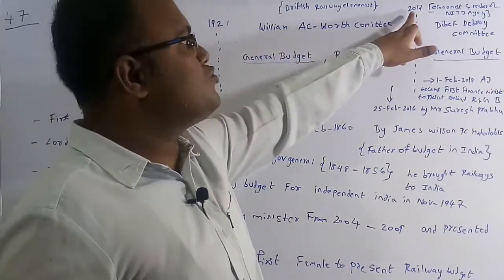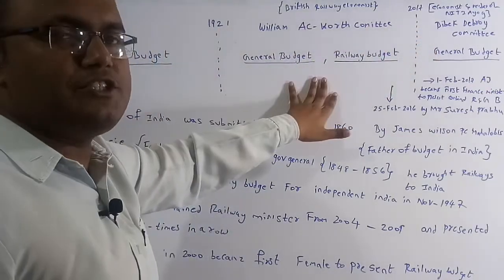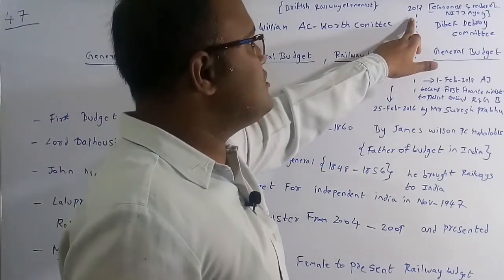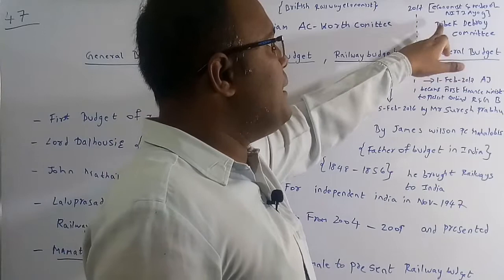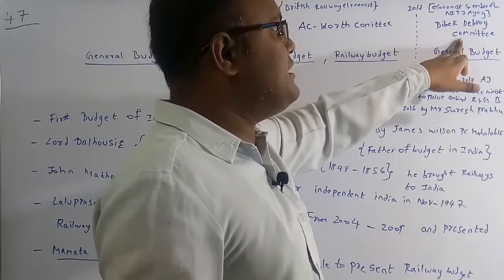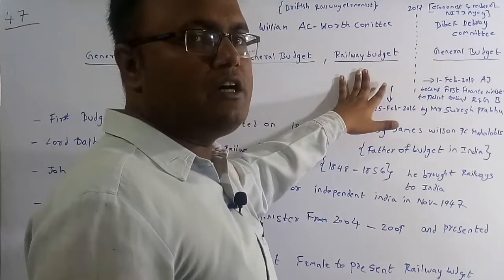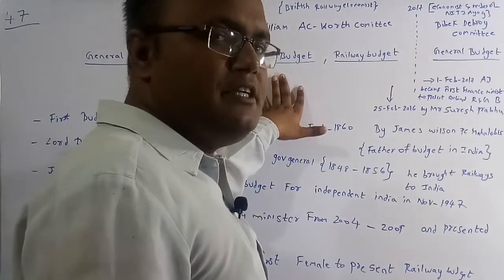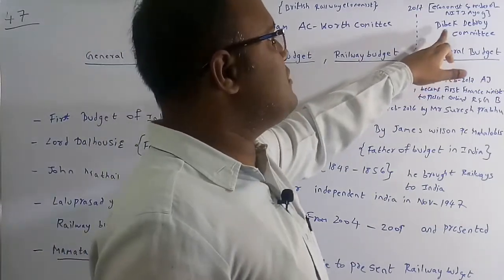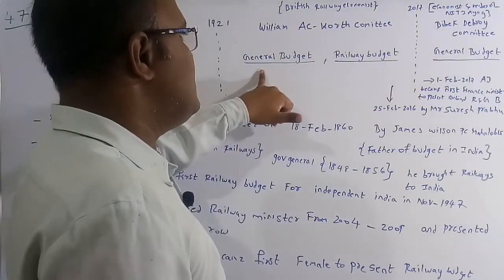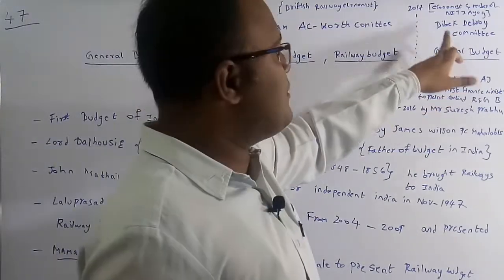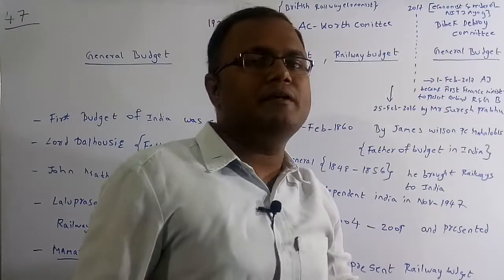See, up to 2017 this practice was continued, but after 2017, based on the Bibek Debroy Committee recommendations, the railway budget was merged with the general budget. So from 2017 onwards there is no separate railway budget.